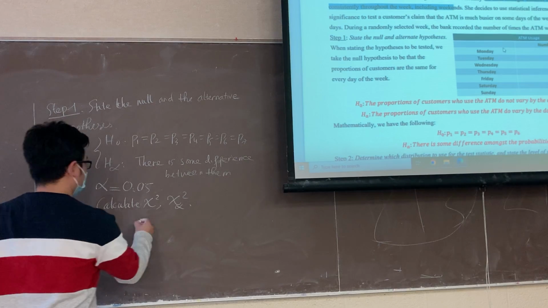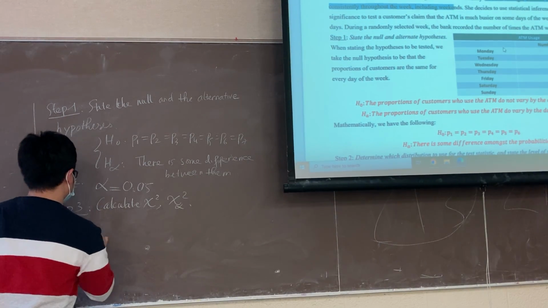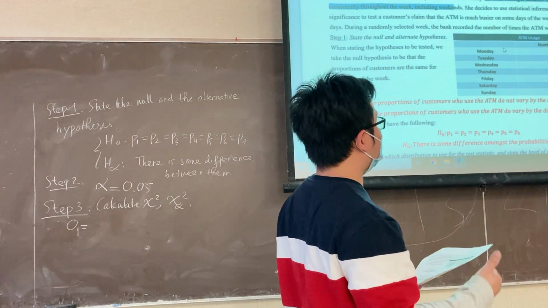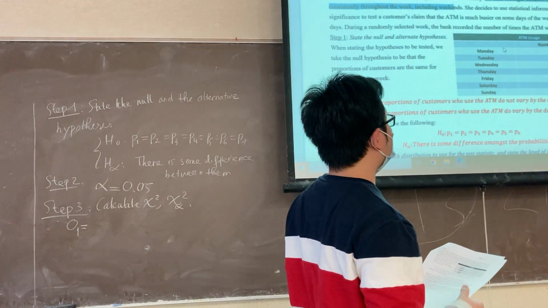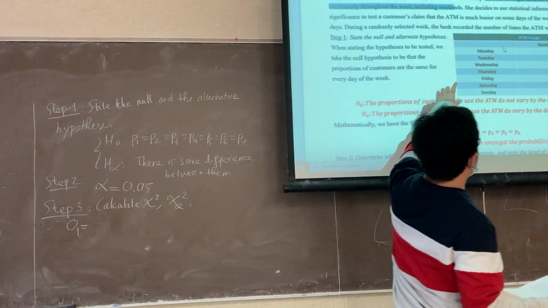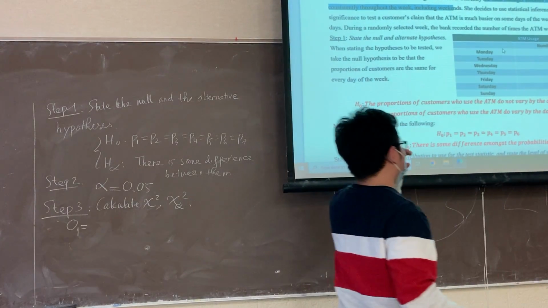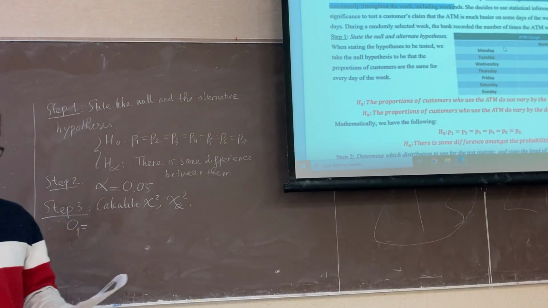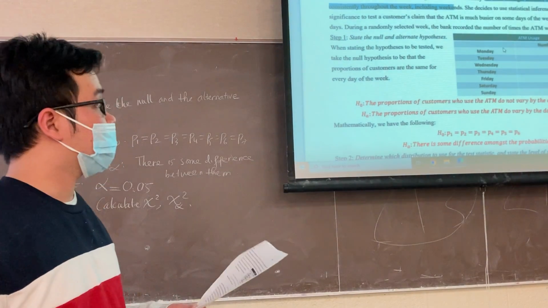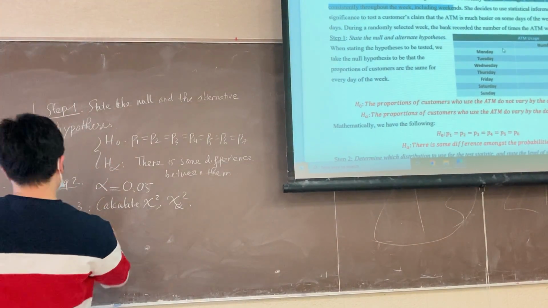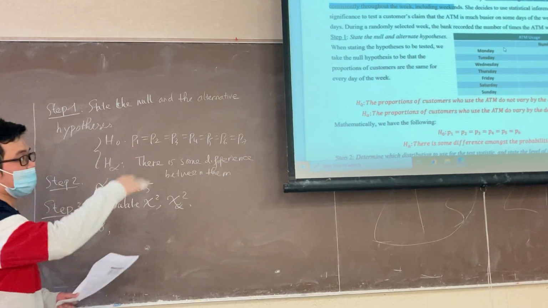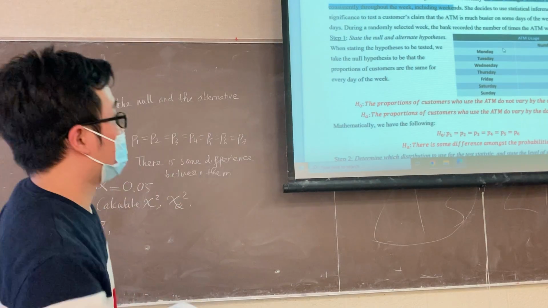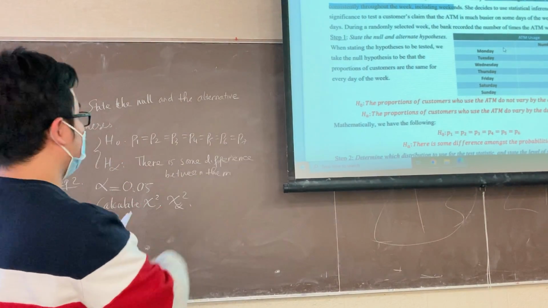So we need to determine what O1 is. O1 is the observed frequency of using the ATM on Monday, right? Could you tell me what O1 is here? Okay, please read. 38. Okay, 38. So similarly you can find all the observed frequencies.